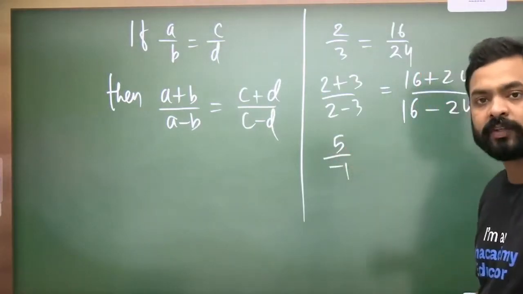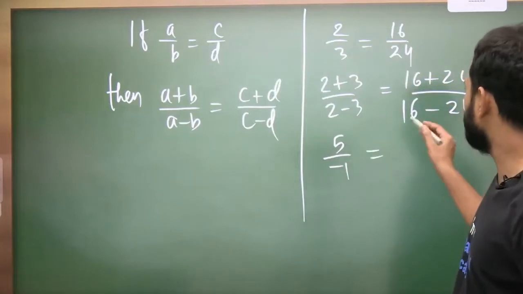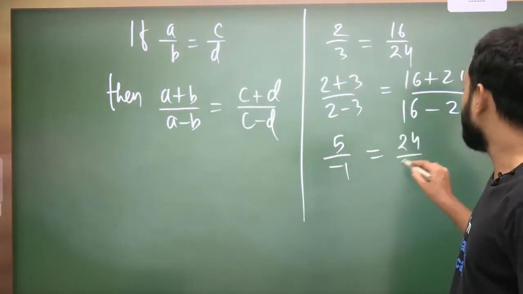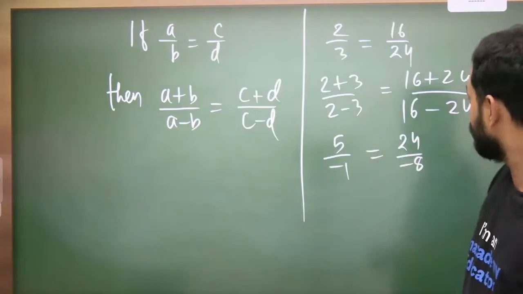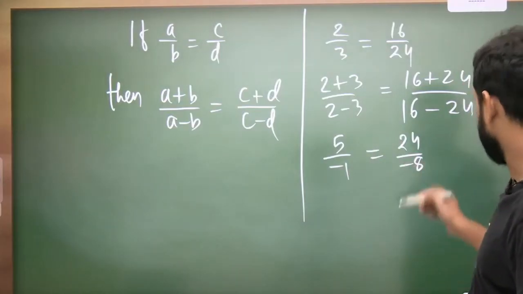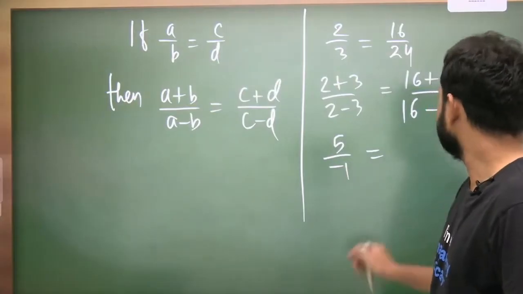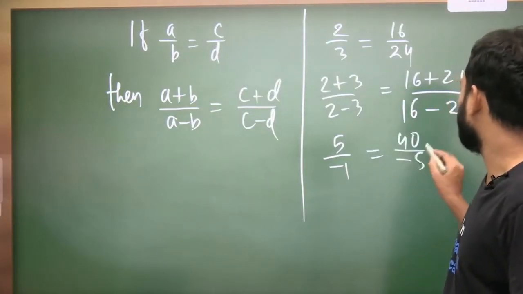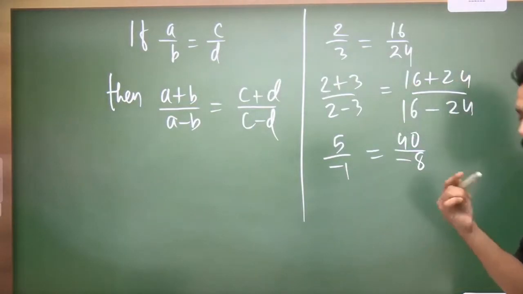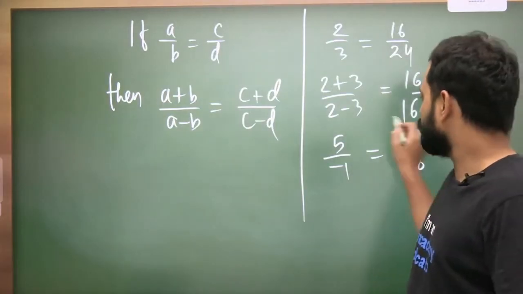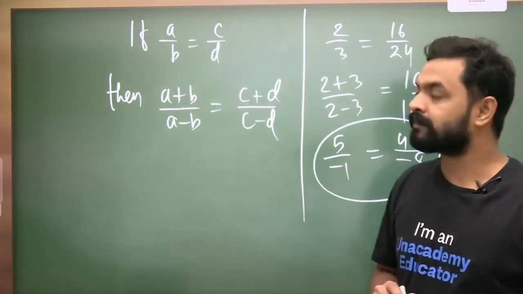And this is equal to what? 16 plus 24, 40 upon minus 8. So are these two equal? Yes, we have proved it, right?